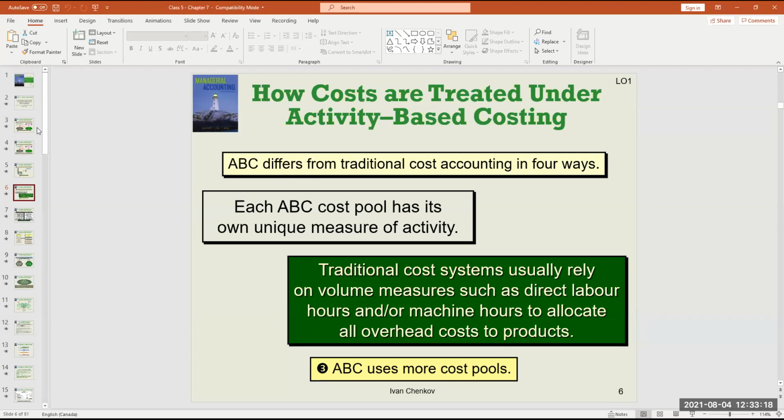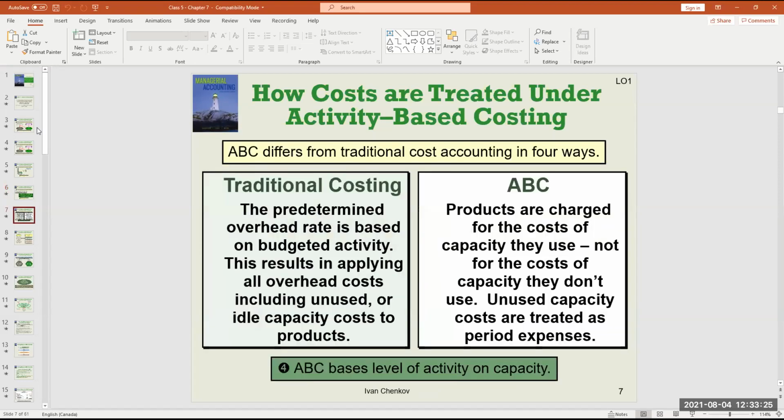The traditional system usually relies on volume measures. Traditional also has the predetermined overhead based on budgeted activities. So we budget something, come up with the predetermined manufacturing overhead, then we apply the manufacturing overhead using the actual usage of activity. But we're also including the unused or idle capacity as well.